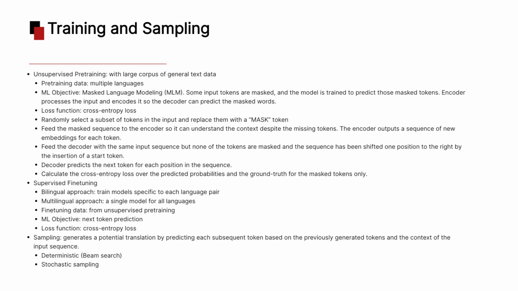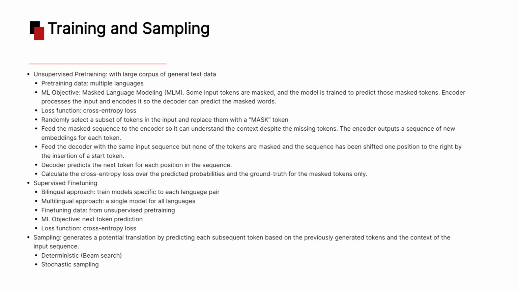Fine-tuning uses parallel bilingual data and continues to optimize the model with the next token prediction objective, again using cross-entropy loss. This step adapts the pre-trained model to translation tasks, improving accuracy and fluency in target languages.